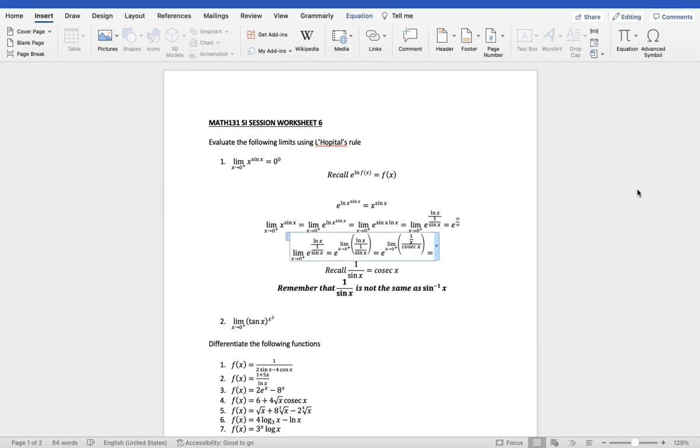So what's the derivative of cosec of x, or 1 over sine? It's negative cosec x times cot x. Yes, right.